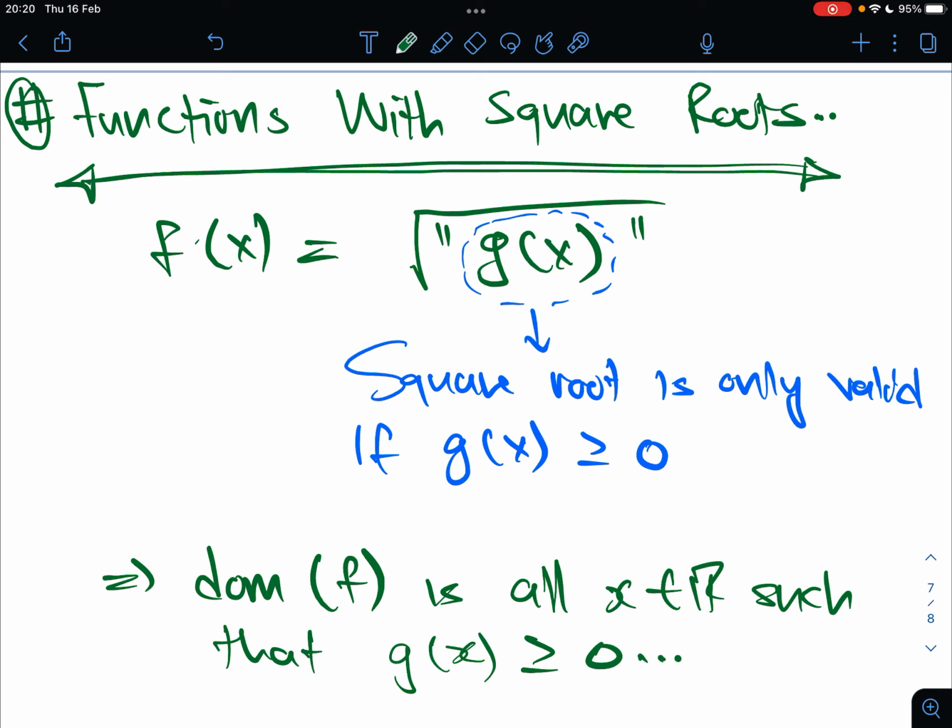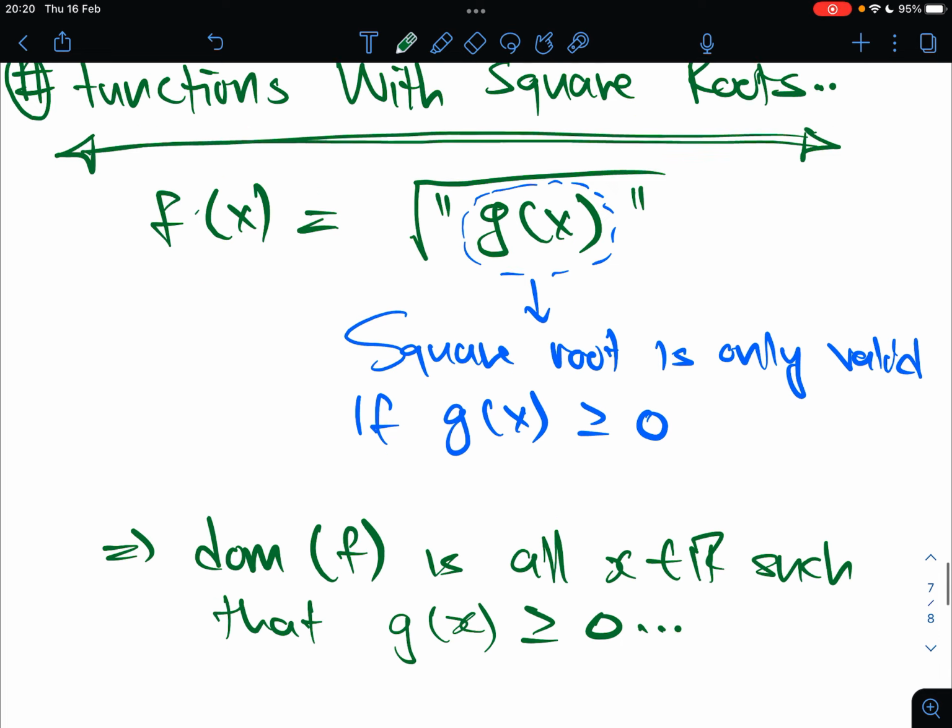That's what the domain is. It is all the x values that make the function underneath the square root bring out things that are positive. You see? So how can we then practice this? To practice this, let's look at the following examples.